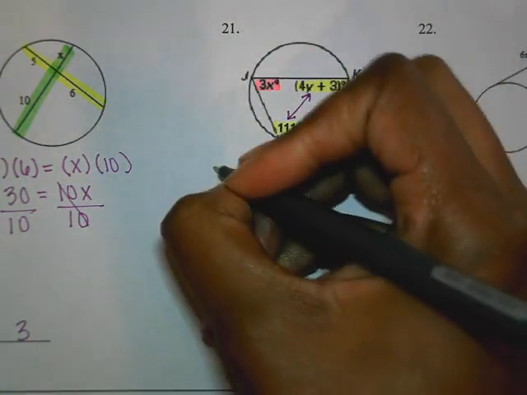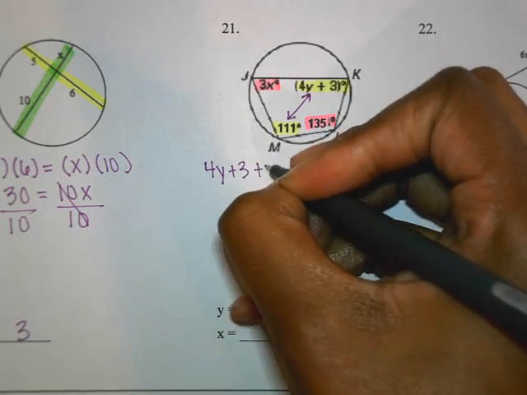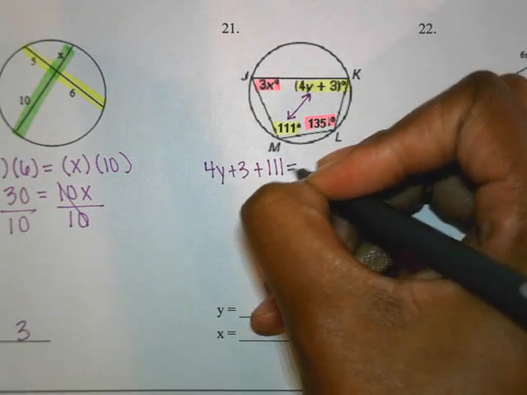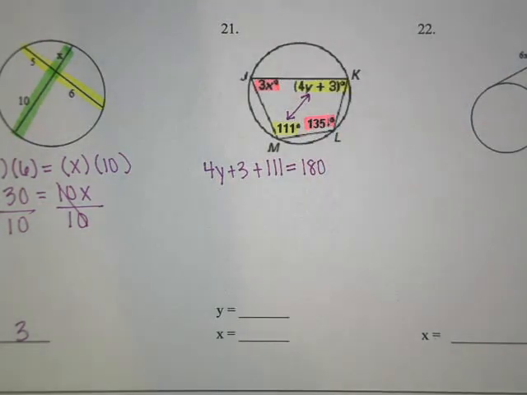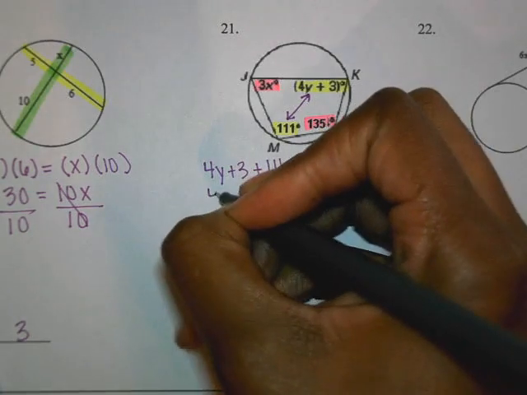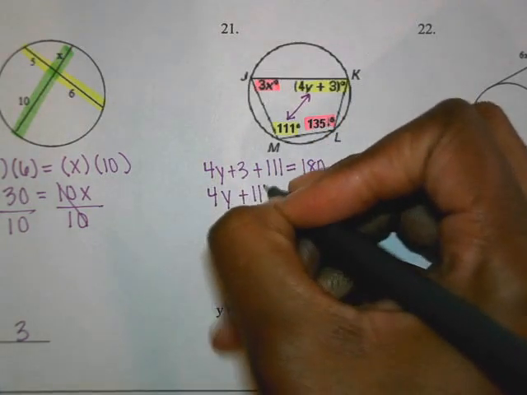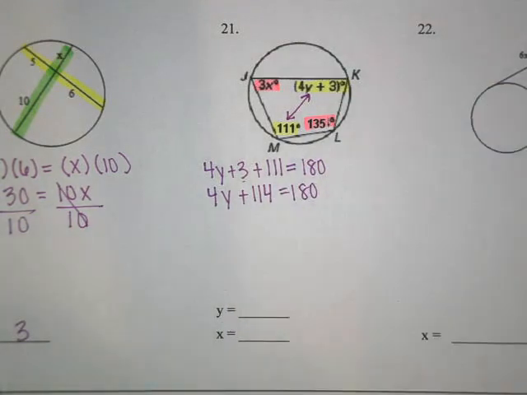So I'm going to do 4y plus 3 plus 111 is equal to 180 because those 2 opposite angles are supplementary. They are not equal to each other. All right, from here we can combine like terms and solve. So 4y plus 114, because 3 plus 111 is 114, is equal to 180.